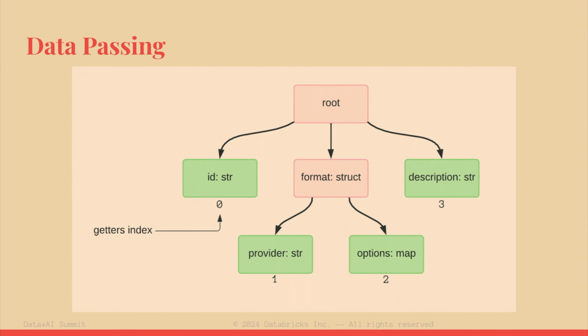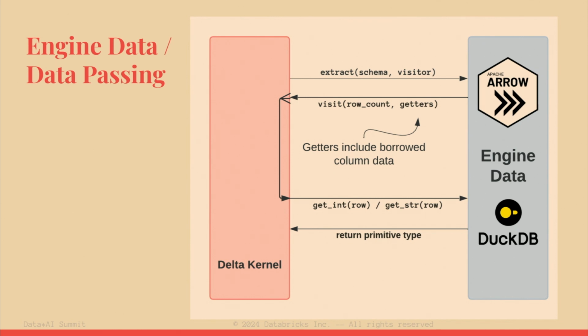And you're going to give me back an array, or a slice in Rust terms, of getters and a count of rows, which basically says, okay, for the life of this visit call, this is the callback, I promise that these getters have data in them that you can use. And the number of rows that you can get out of it is this. And this also allows columnar-oriented storages to give me back all of the data at once, right?